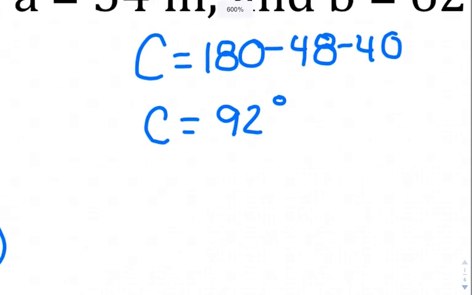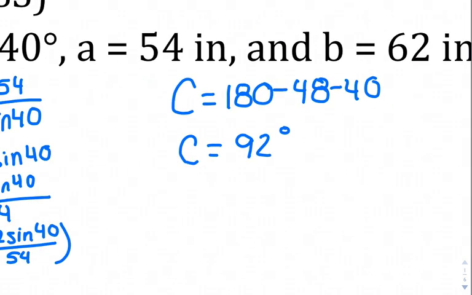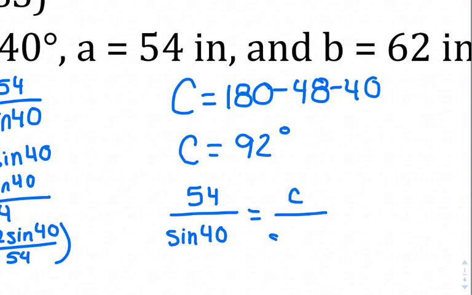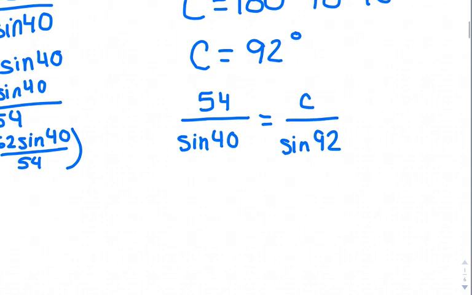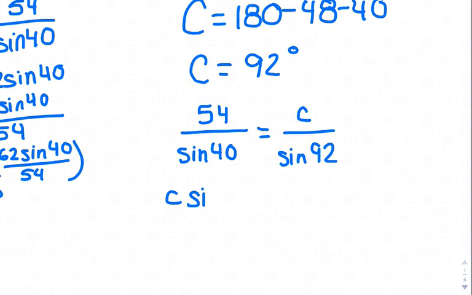I'm still going to use my given information, which was side A, so 54 over sine 40. And then I'm going to solve for side C, so I have to use angle C. And again, to solve for this, I'm going to cross multiply. So I'm left with C sine 40 equals 54 sine 92. I'm going to divide both sides by sine 40.